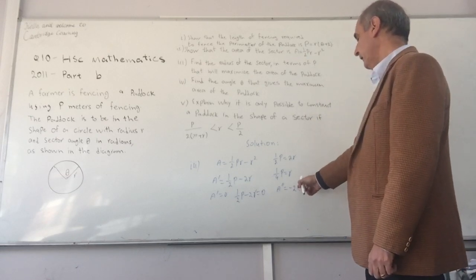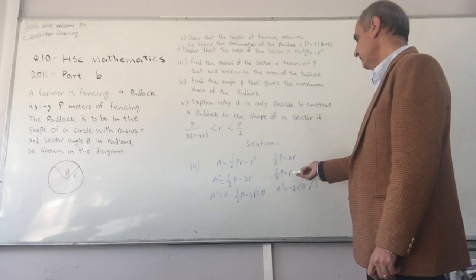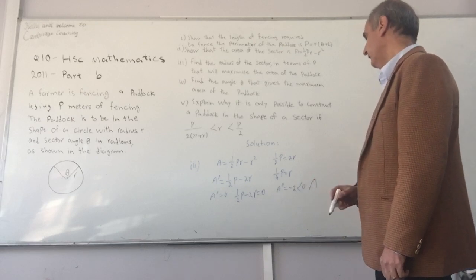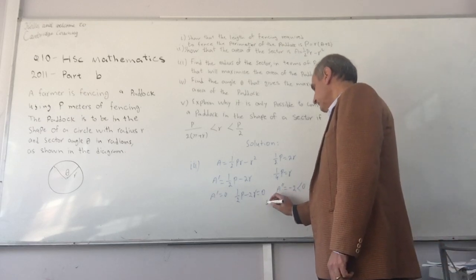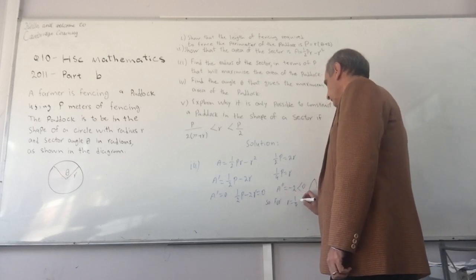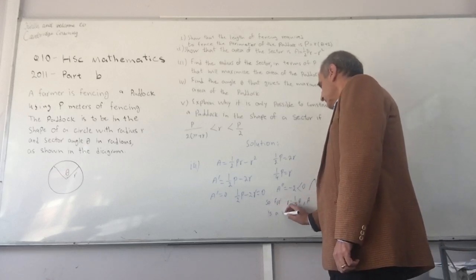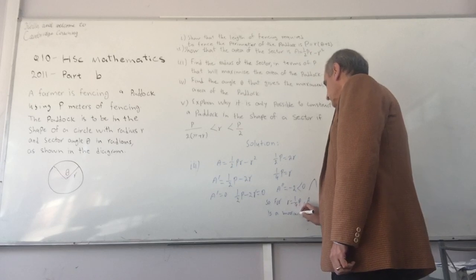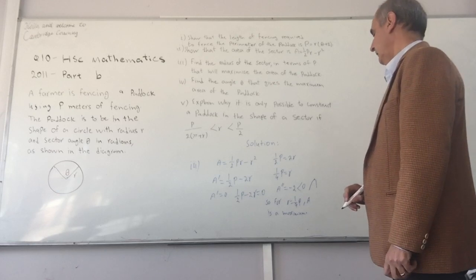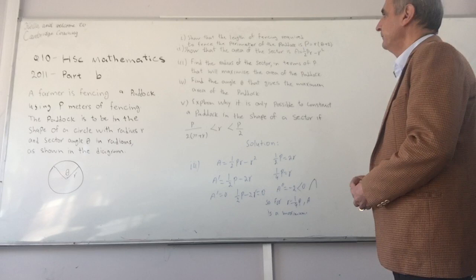Since I have only one stationary point, at that stationary point I'm going to have a maximum. So for R equal to a quarter of P, A is a maximum. Okay, that is for part 3.